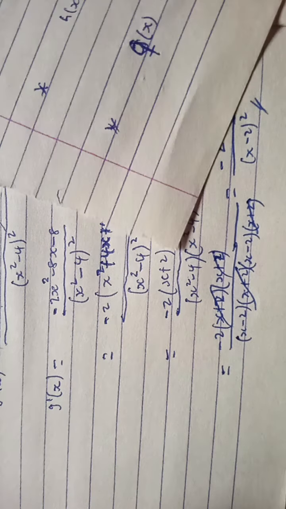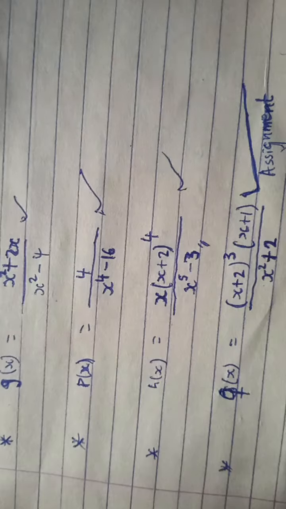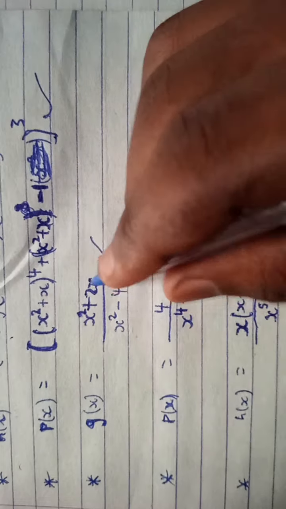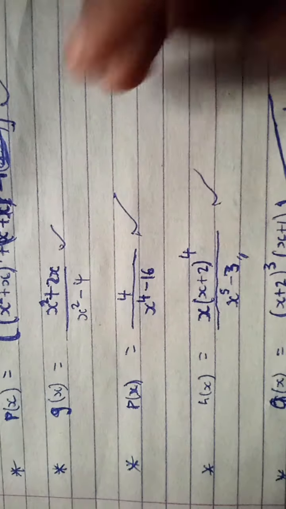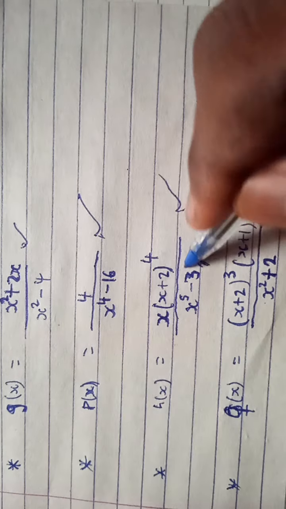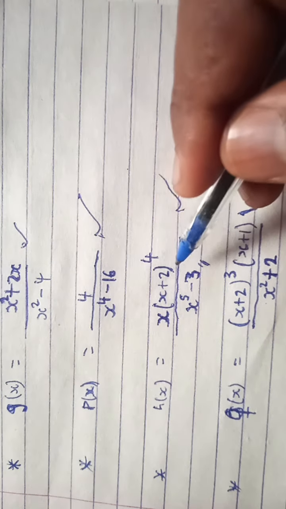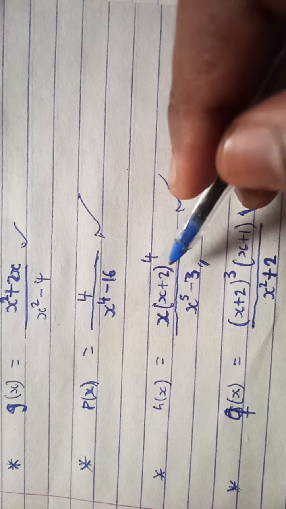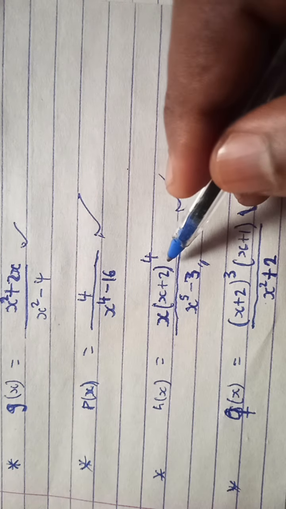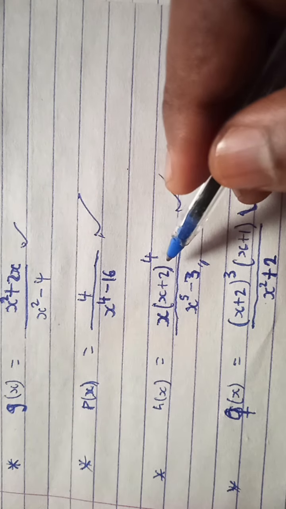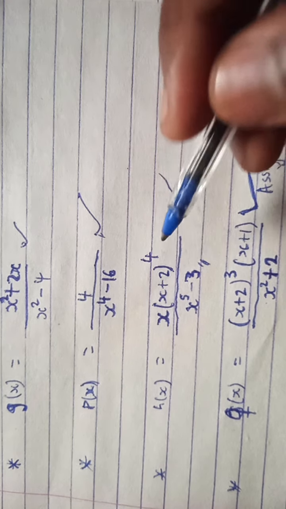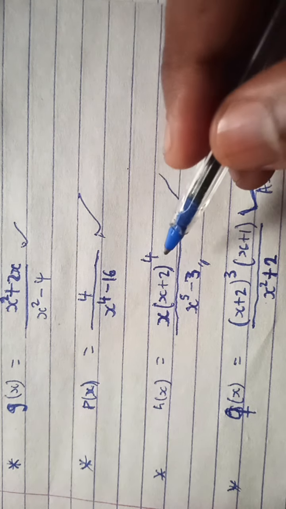So now moving forward, so far as we've solved this one, that means that you can solve this one, and then this one needs the combination of all the rules: the product, the chain rule, and the quotient.